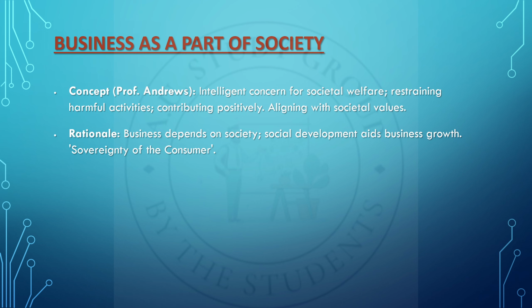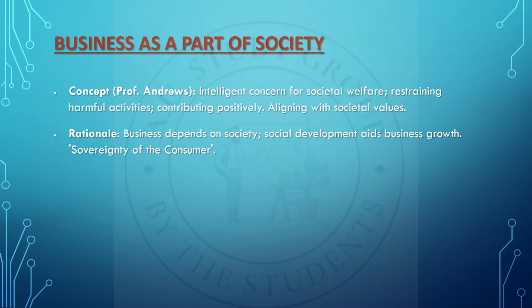Now let's understand the social objective. Businesses are also a part of society and have obligations. This means acting ethically. They also have to consider the welfare of the community and contribute positively.